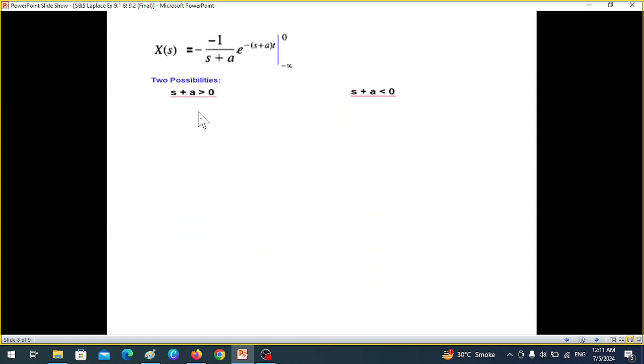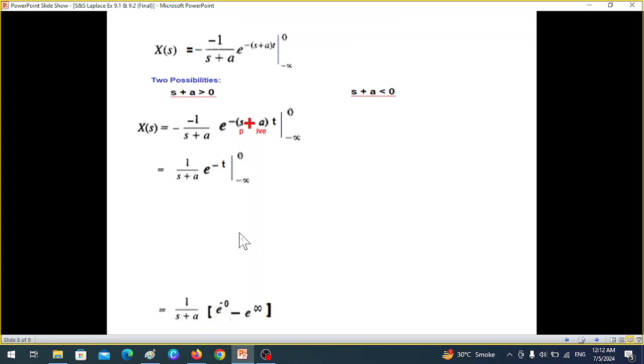In the same way that we did in the previous example, we take two possibilities: this is greater than 0, or it can be less than 0. First, let's solve this. s plus a is positive, so positive, negative t, so e raised to the power negative t, and this is the limit.